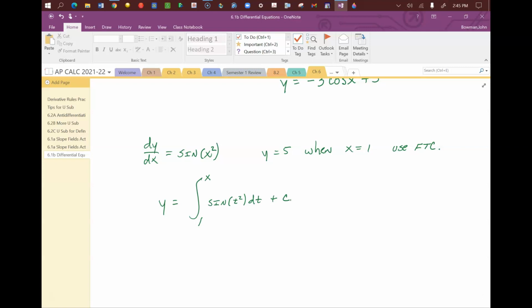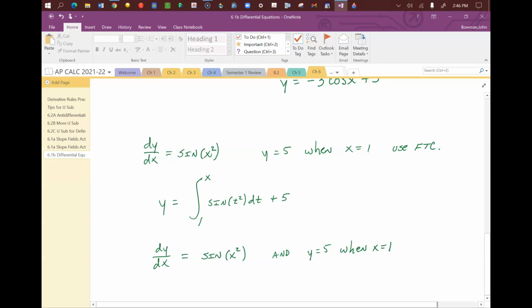So basically I'm going to play a little trick here, and say, oh, well, let's make that 5. Now, if you verify this, dy/dx is going to be equal to sine of x squared, and the derivative of x is just 1, so even if you apply the chain rule to that, and if you verify, y is equal to 5 when x is equal to 1.